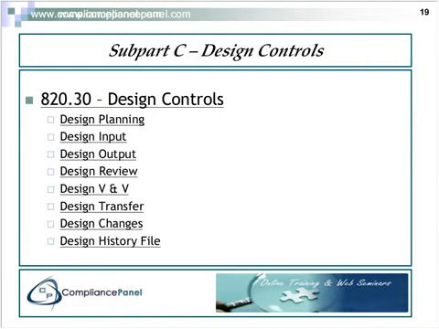Subpart C is design controls, and this wasn't in the original 21 CFR. This came in 1998. And if you're part of the engineering or quality functions, this subpart is very important. And your organization should have numerous operational documents or SOPs which have been documented to control the design process.